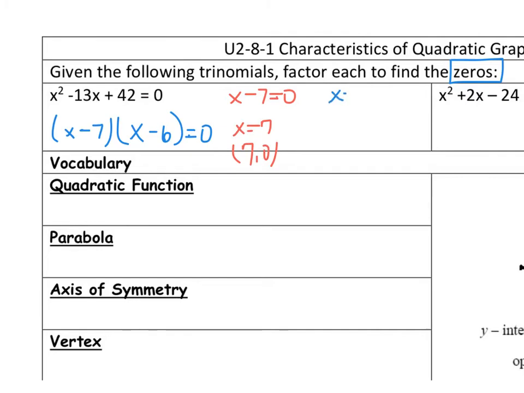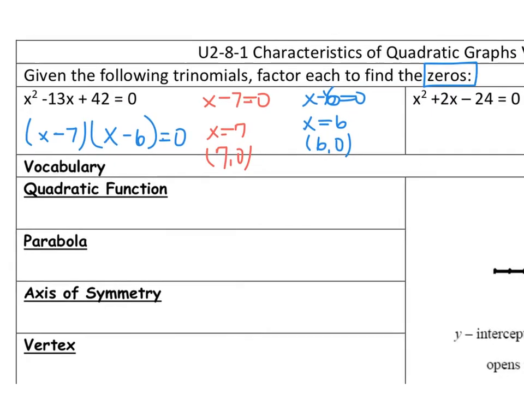If x minus 6 equals 0, then x has to equal positive 6, so the other x-intercept is at 6, 0. So our parabola would cross the x-axis at 7, 0 and at 6, 0.